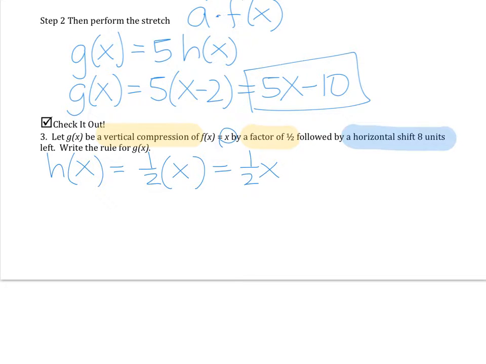A horizontal shift, left or right, I should highlight that for you. Left or right goes inside the parentheses.